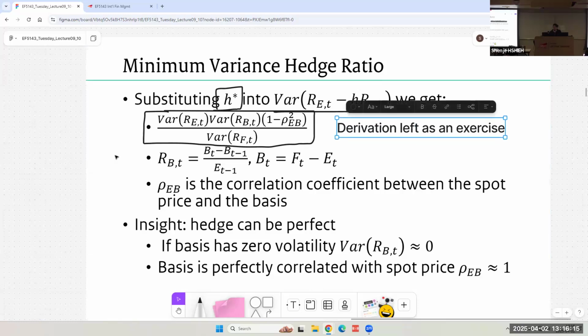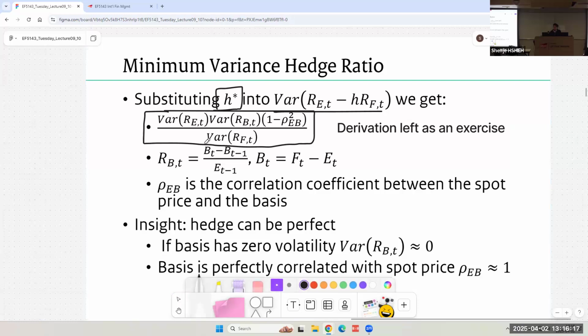Okay. What does this tell us? Well, there are really only two parts of this equation that help us choose the futures or forward contracts. The first one is the variance of the basis return. And the other is 1 minus the correlation coefficient squared of the basis return and the underlying asset return.